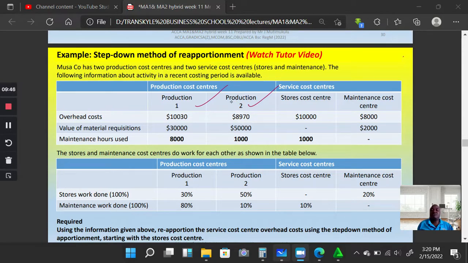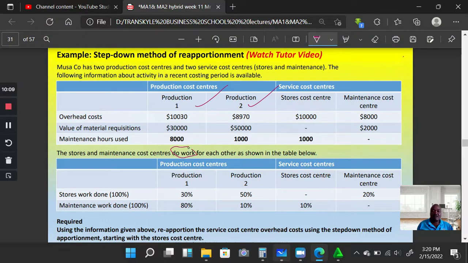We've got two production cost centers and two service cost centers. Then we've got overhead costs, value of material requisitions and maintenance hours. Then the stores and maintenance cost centers do work for each other as shown below. And these are the percentages of the amount of services a cost center is doing.